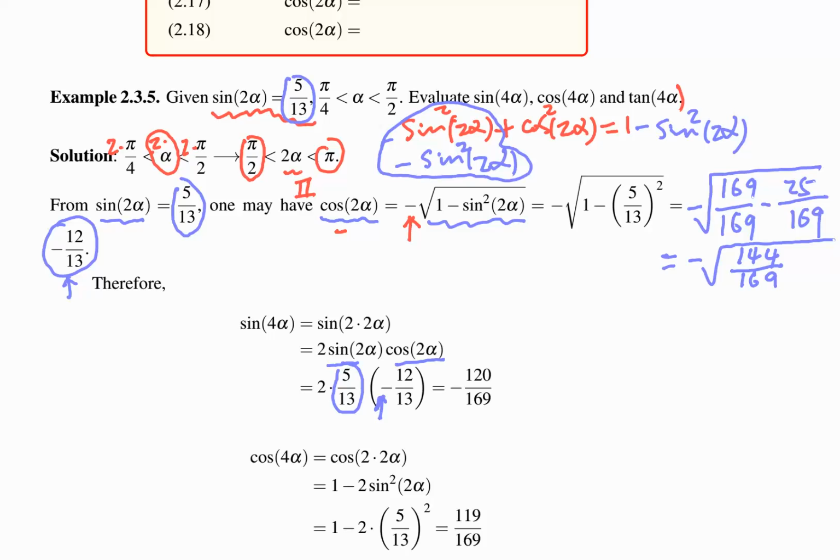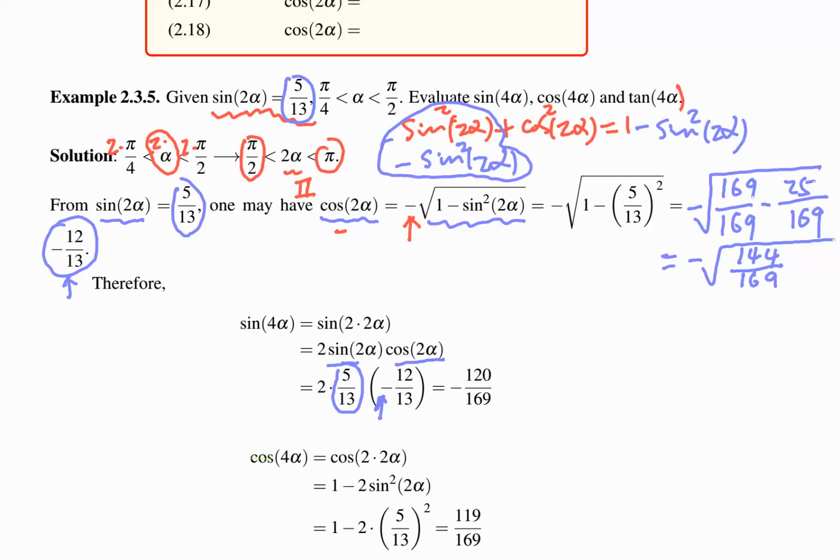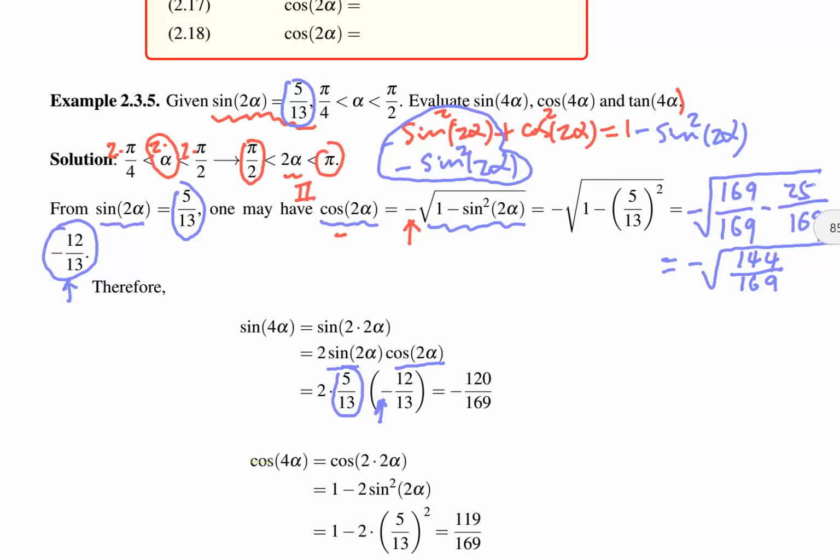Now, second one. Second one we may do is like this. We know cosine 4 alpha can be written as cosine 2 times 2 alpha.